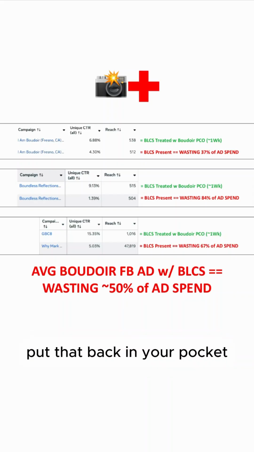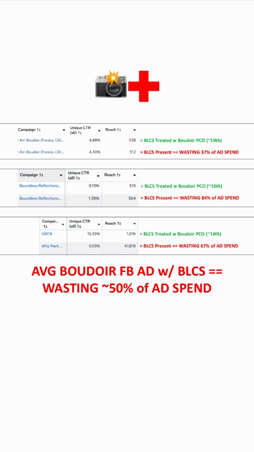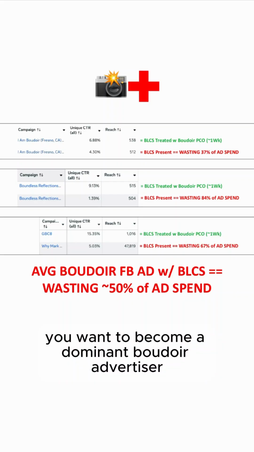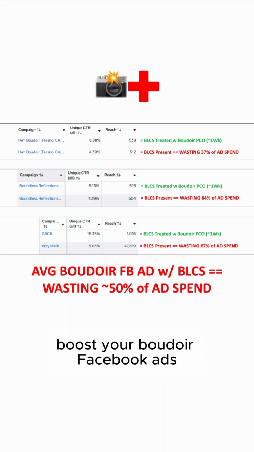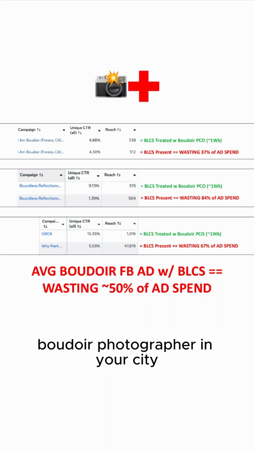Put that back in your pocket. So that'd be approximately 60K over the next year. And you decided that you want to achieve pre-click alignment. You want to become a dominant Boudoir advertiser. You want to achieve Boudoir brain entry, boost your Boudoir Facebook ads because it's necessary on your way to becoming the number one boudoir photographer in your city.